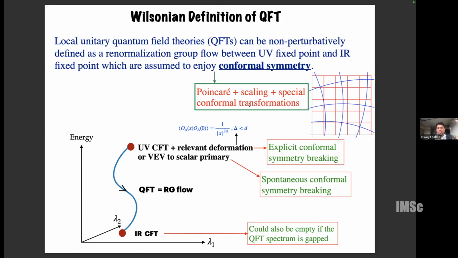Whichever way you do it, it triggers an RG flow, and at very low energy it reaches an IR conformal field theory. It could also happen that the IR is empty if the quantum field theory is gapped. So this is the setup of quantum field theory I will consider for my bootstrap approach.